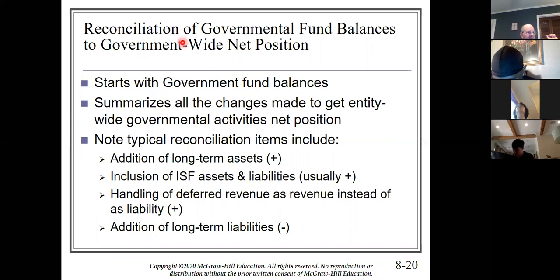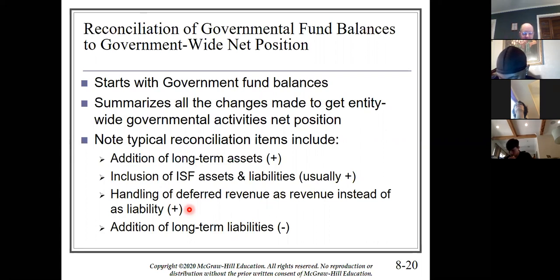So how do we get from governmental funds to the government-wide net position? We start with the government fund balances, summarize all the changes that we had to make, typically add in long-term assets, add in internal service funds, change deferred revenue to revenue, and here's something that I really thought was stupid about the way that they do this.